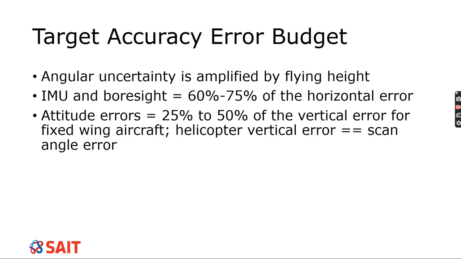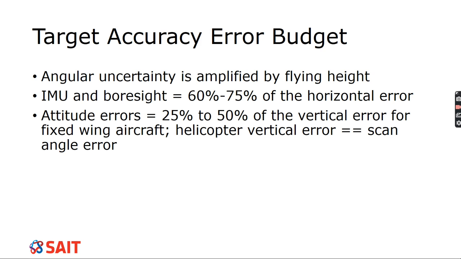Attitude errors, so this is the vertical error. Anything to do with yaw, pitch, and roll, those all contribute about 25 to 50%. But if you are using a helicopter, the vertical error equals the scan angle error, so it ties back to that. Usually you can get that relatively quickly through the mathematics in the software.